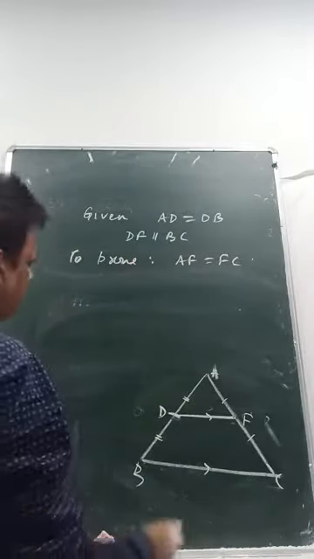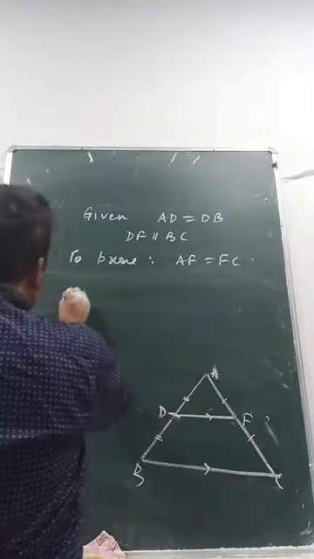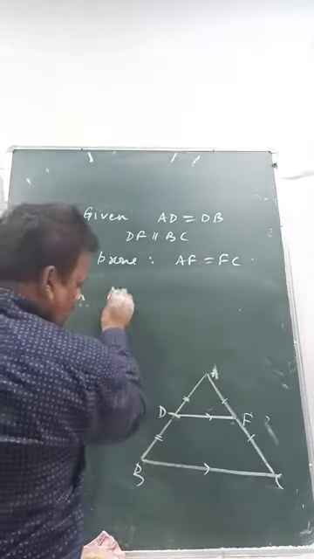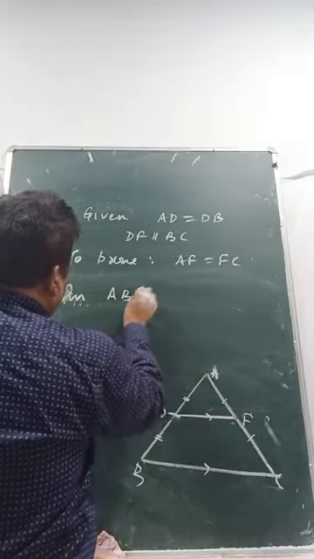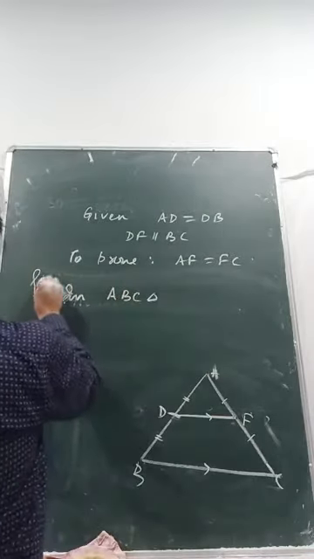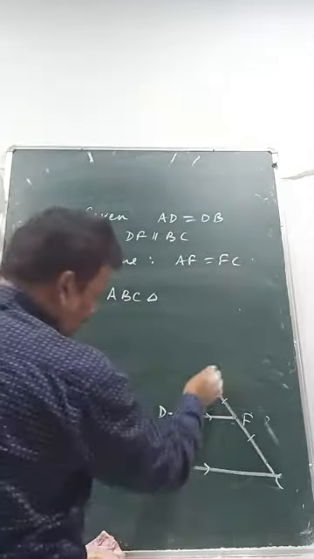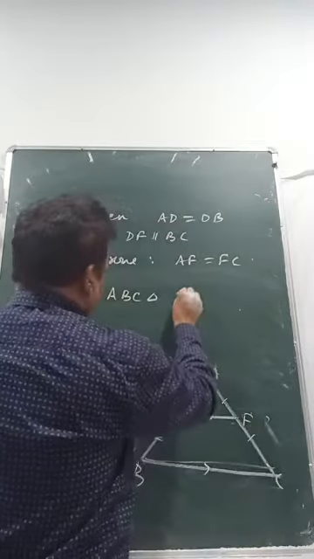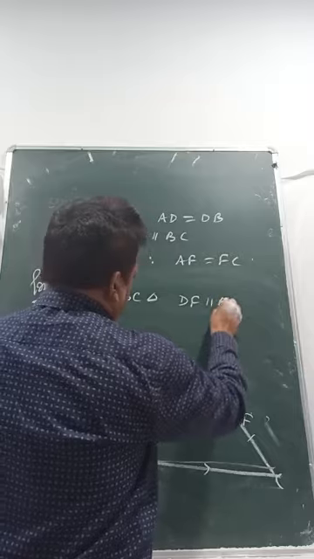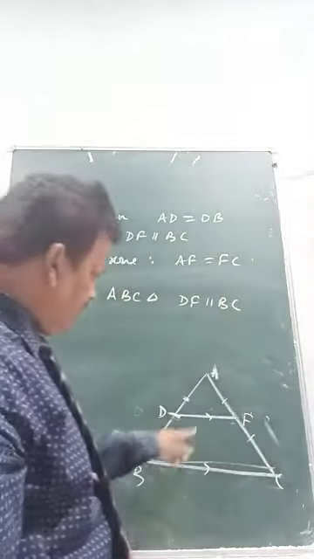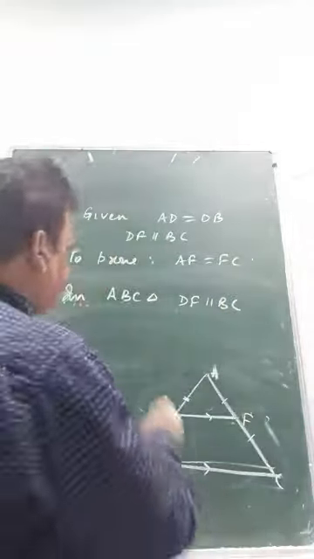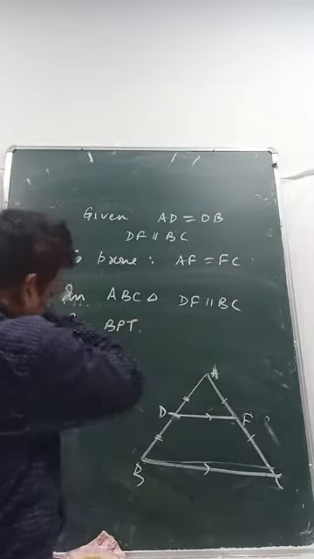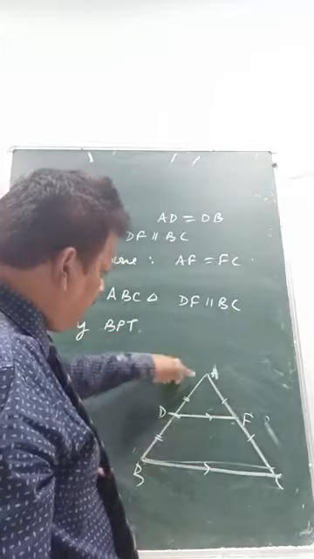Now look. In triangle ABC, DF is parallel to BC. So by BPT, the basic proportionality theorem, what is the formula?